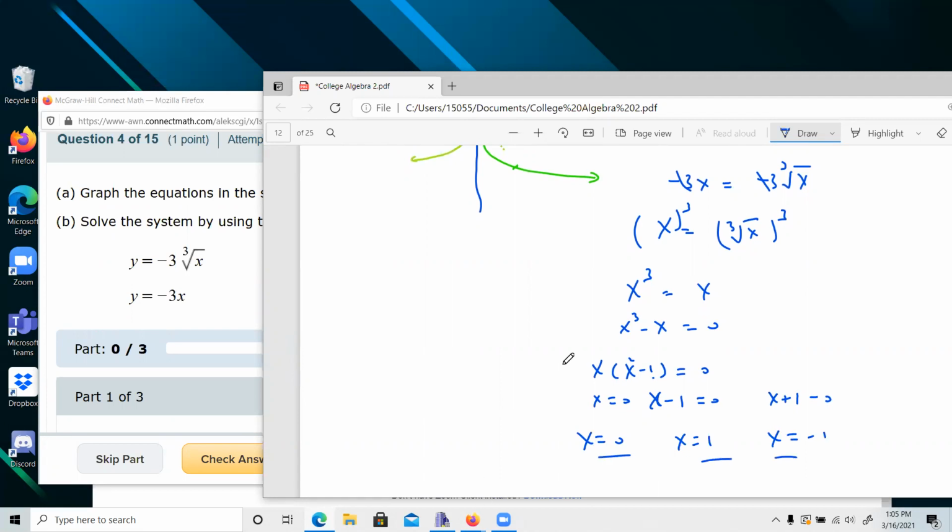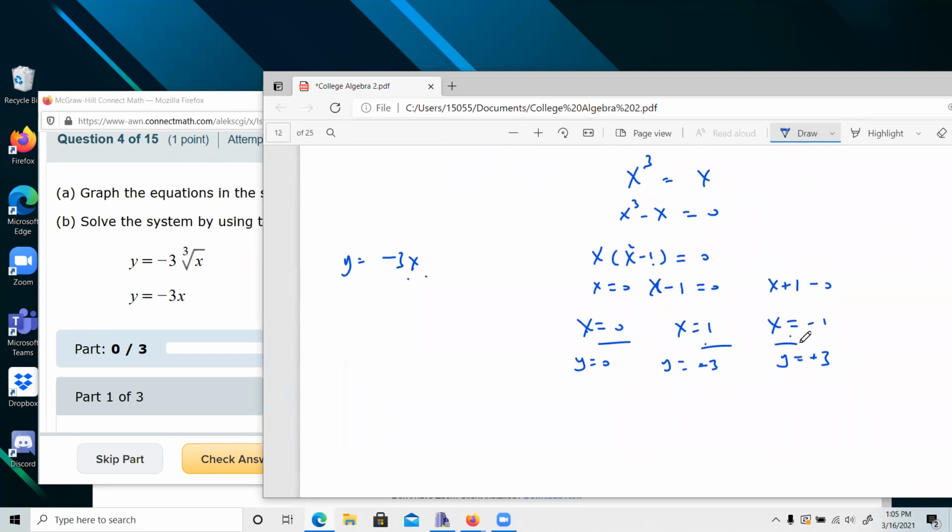What's y equal to? y was equal to negative 3x. So when x equals 0, y is equal to 0. When x equals 1, y is equal to negative 3. When x was equal to negative 1, y is equal to positive 3. All right. So these are my three solutions.